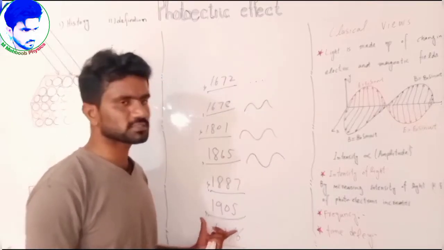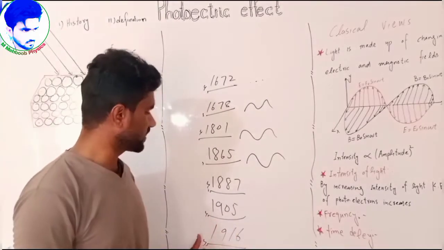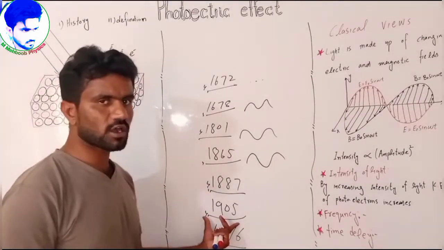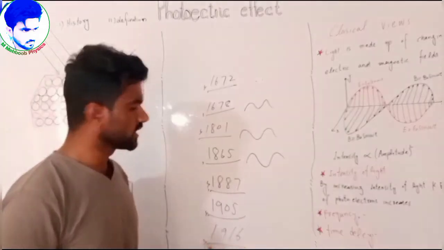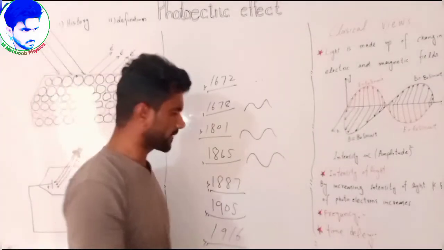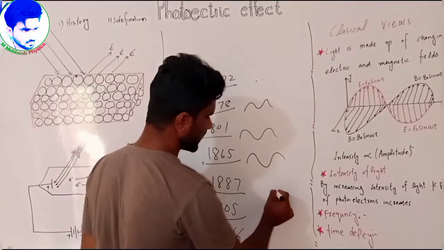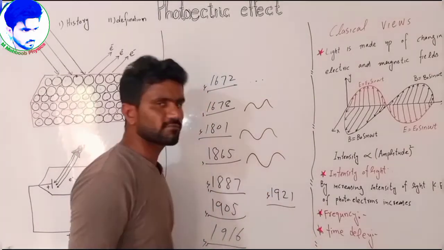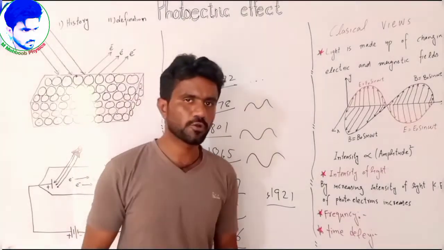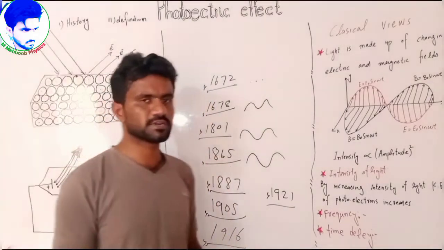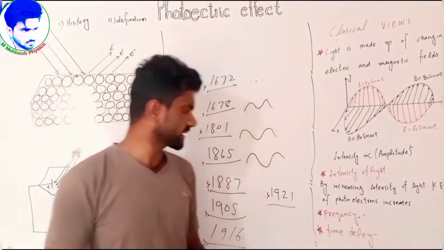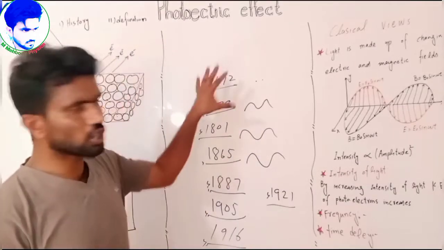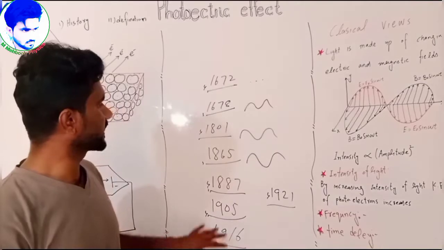So Einstein's hypothesis was correct, and then Einstein was awarded the Nobel Prize in 1921, due to the explanation of the photoelectric effect.